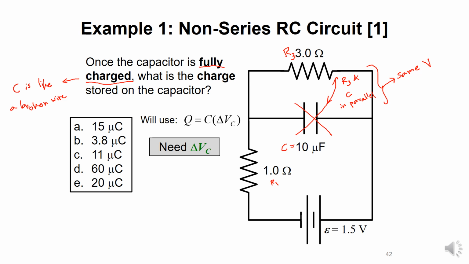Which also means if you find the voltage across R3, that will be the same as the voltage across the capacitor. Okay, so that's the trick we are going to use.